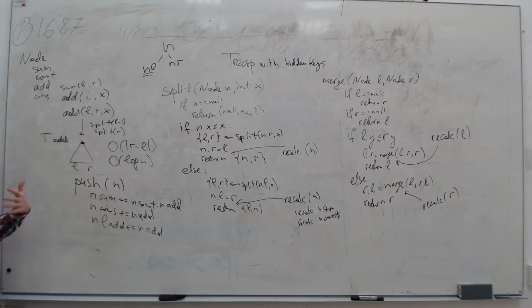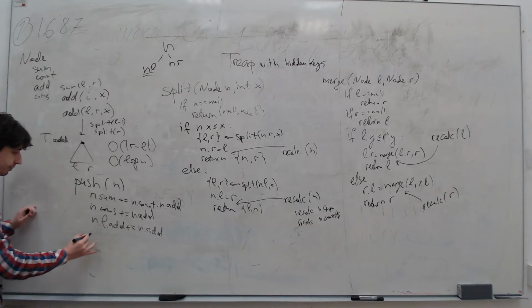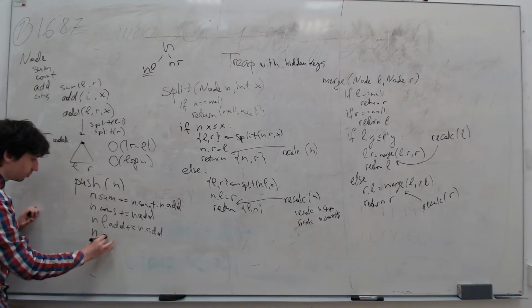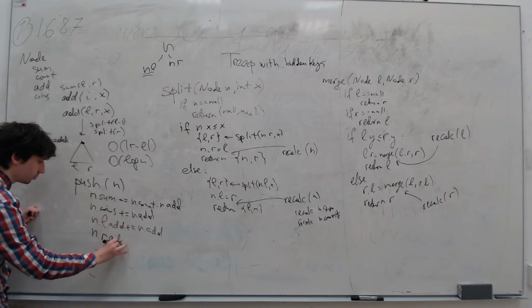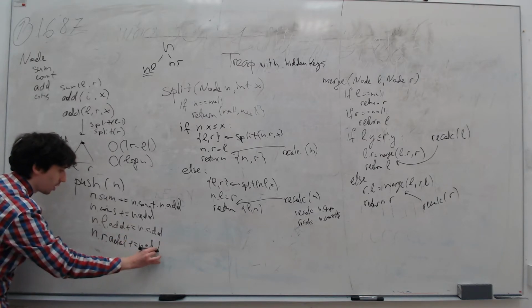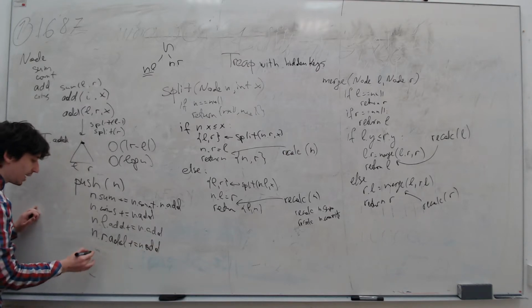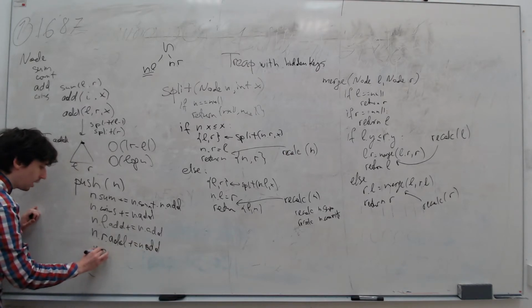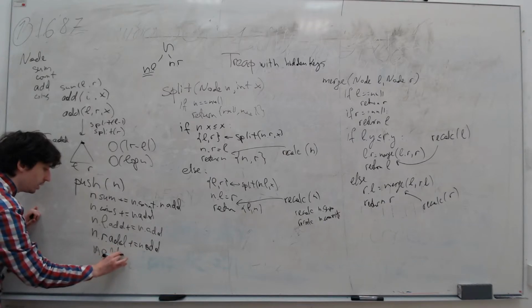I wanted to add n dot add to all the guys in this subtree. So I tell you should add this to all the guys in the left subtree, and you should add this to all the guys in the right subtree. And since we already applied it, I set n dot add equals 0.